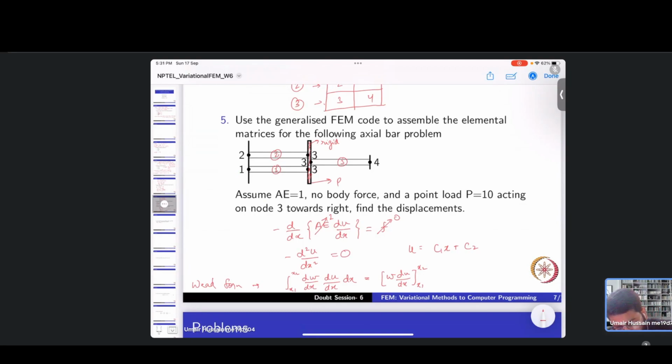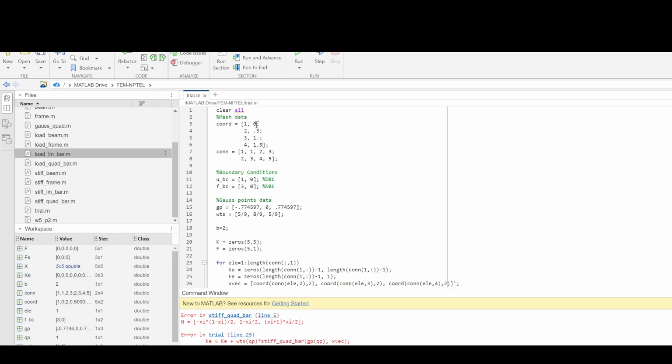Keep this at x equals 0, this at x equals 1, this at x equals 2. So node 1 is at x equals 0, node 2 is also at x equals 0, node 3 is at x equals 1, and node 4 is at x equals 2.